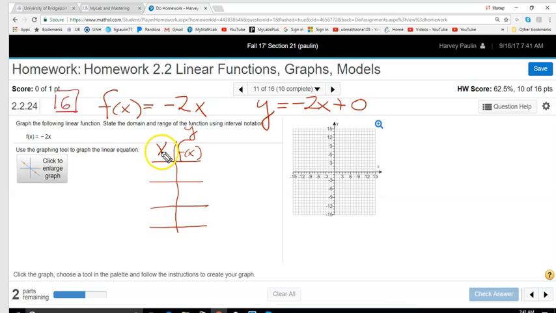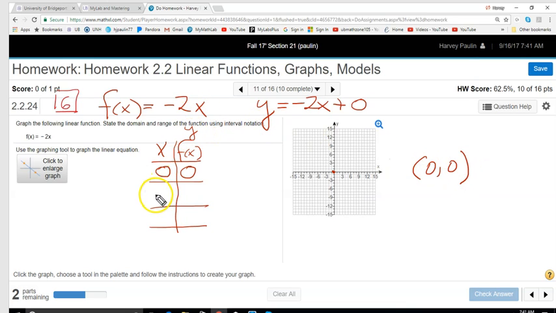So if x is 0, negative 2 times 0 is 0, then y will be 0, and our y-intercept, 0, 0, is the origin of our graph, which is where the two lines intersect, and the ordered pair is 0, 0.